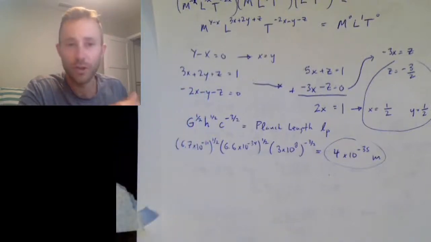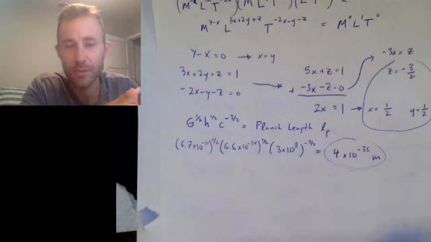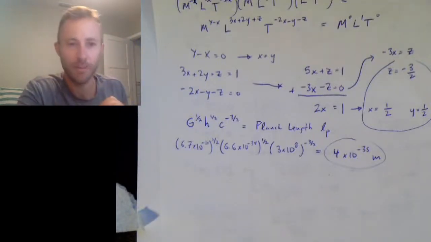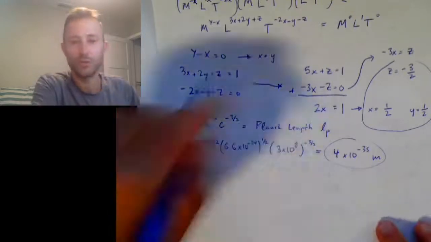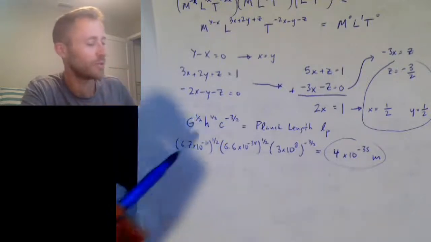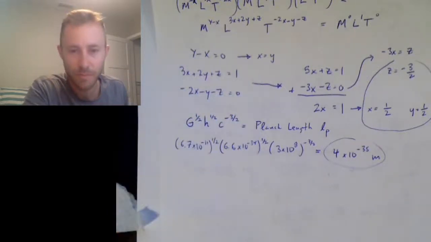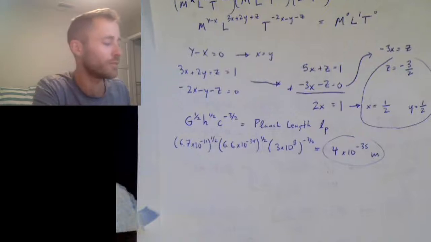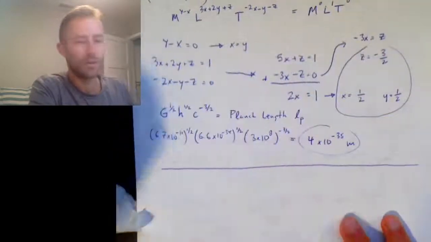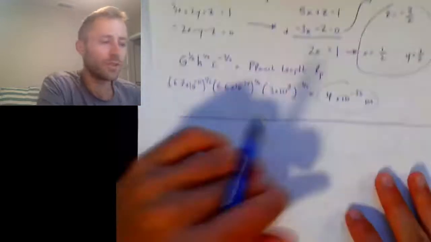There's also a Planck mass, a Planck energy, a Planck time, etc., and those are defined in the obvious way. The Planck energy, for example, is the unique way that you can combine all these to get something with units of energy. So we kind of have the basics of unit analysis.